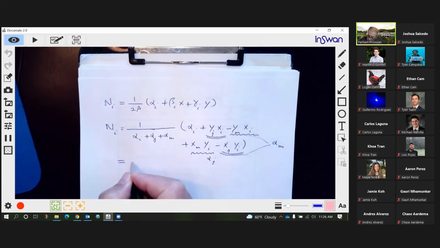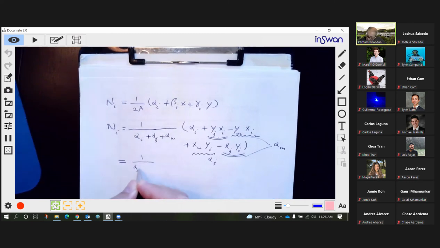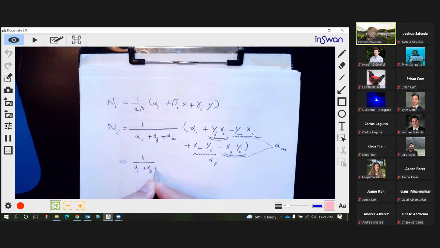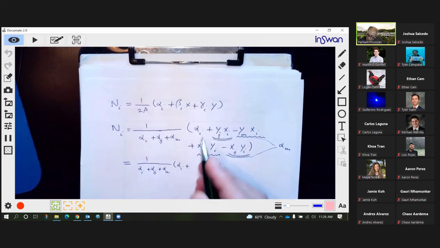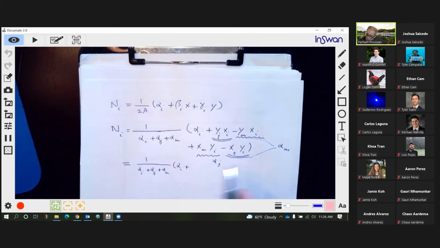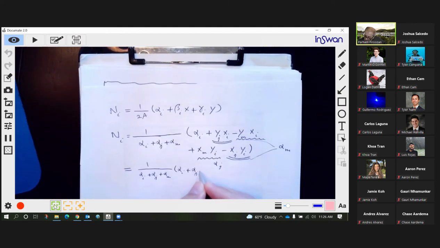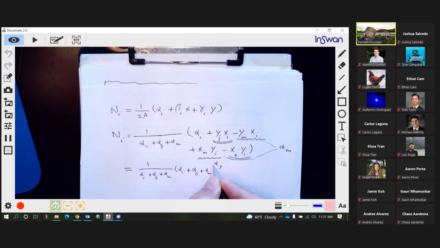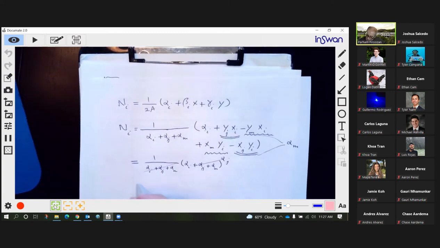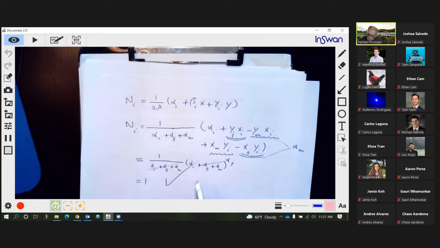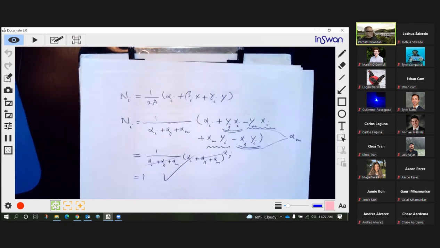So actually it is 1 over alpha I plus alpha j plus alpha m, times alpha I plus, again, alpha j plus alpha m. If we add them, this one cancels with this. It is actually 1, and that's what we wanted to check. So yes, if you evaluate Ni at node I, it is equal to 1.